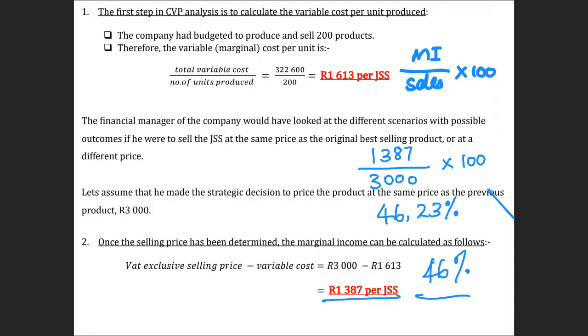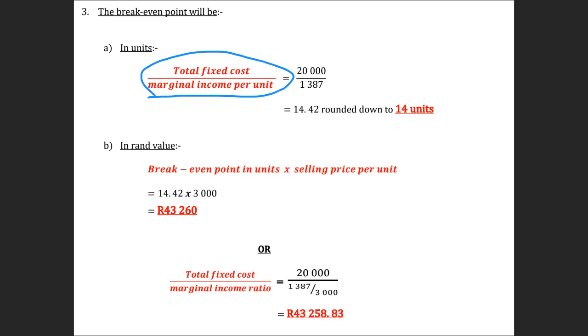Your marginal income we had just calculated here. So it's 20,000 divided by your 1,387, and this is 14.42. You will always round it down to the closest number. Please make note of that. It'll always be rounded down to 14 in this case.